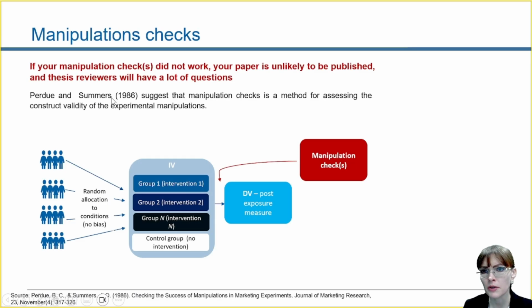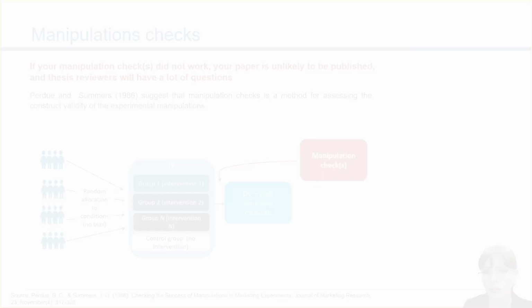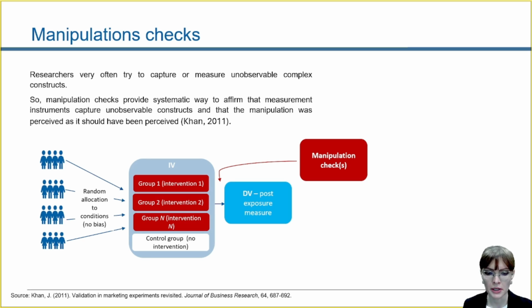This is why Perdue and Summers, in their 1986 work, suggest that a manipulation check is basically a method to assess the construct validity of the experimental manipulation. Construct validity basically means you are measuring what you intend to measure. Why do we also need manipulation checks?